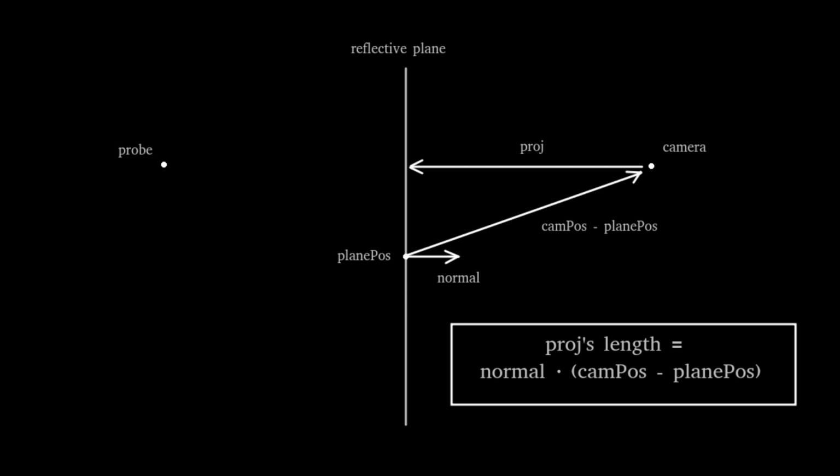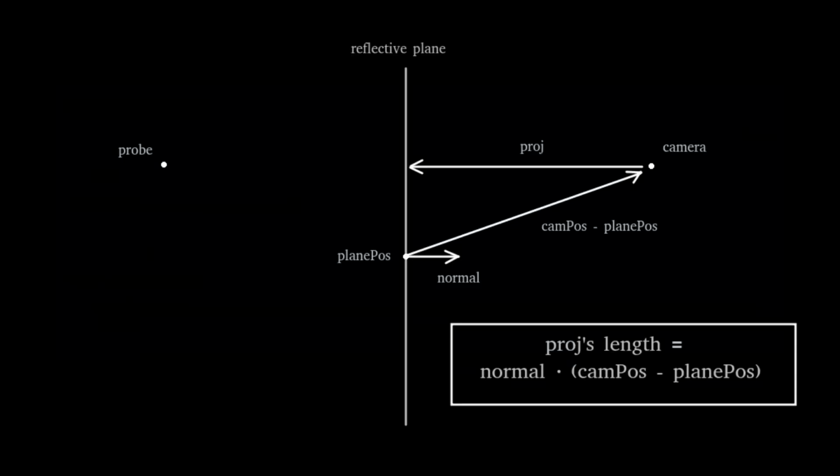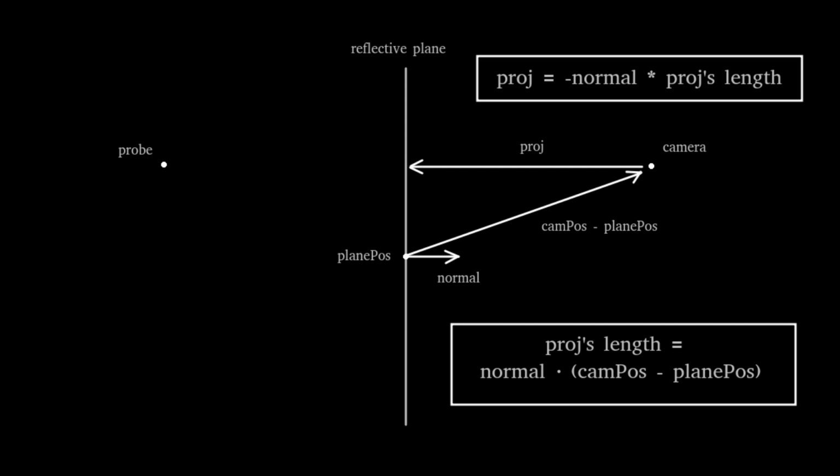Dot product, if any of you have never heard of it, don't worry, Unity got you covered. You have this function here on Vector3, you feed it 2 vectors and it gives you the dot product. Once again, the dot product is a number, which is why I am saying that it isn't the projection vector, it's just the projection vector's length. However, as I said, the length is just a number, it's a float value, not a Vector3.